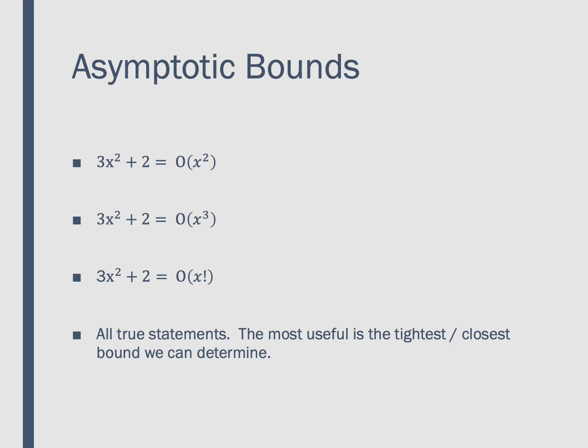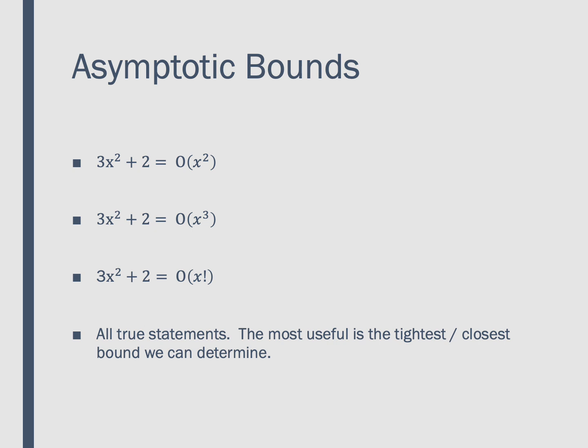Then finally, 3x squared plus 2 equals big O of x factorial. This is technically true as well, because x factorial, if you're familiar with factorial, grows much faster than x squared. However, this is an even looser bound and far from being useful.